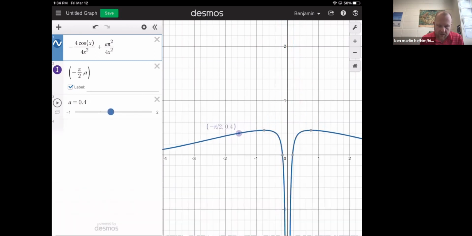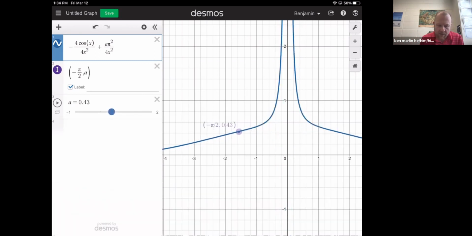And the thing that's happening here is if you went ahead and expanded out your cosine as a Taylor series and looked at the constant term there, you would have a 4. And when the a makes the a pi squared be equal to 4, that's exactly when that change is happening.